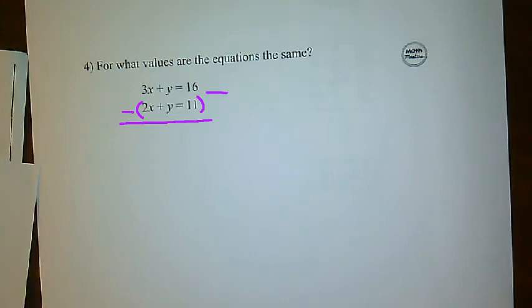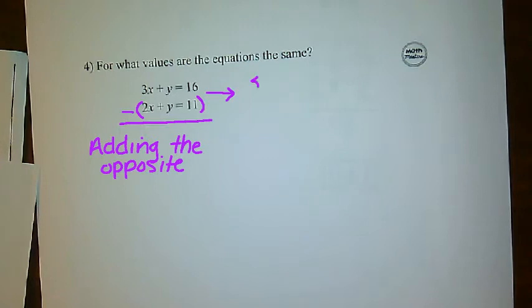So what I do is I actually rewrite this as an addition problem. So when I subtract integers, I usually call subtracting adding the opposite. Okay, and here's why I do this. If I subtract, adding the opposite is the same exact thing. So what I'm going to do is I'm going to rewrite the first equation because that's not going to change. But the second equation, I'm going to switch to addition. I'm going to keep my parentheses around it.